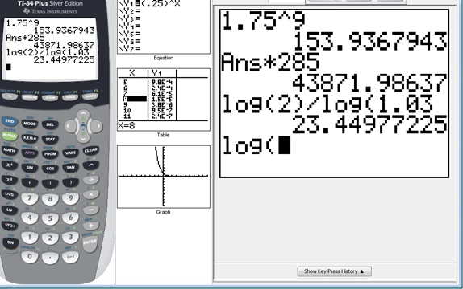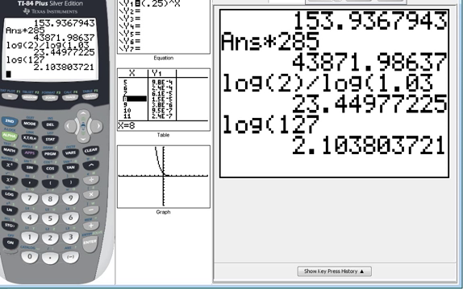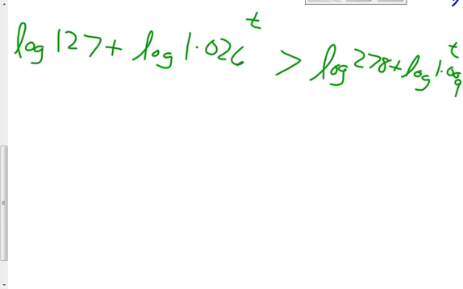The log of 127 is this number, 2.1038. Okay.